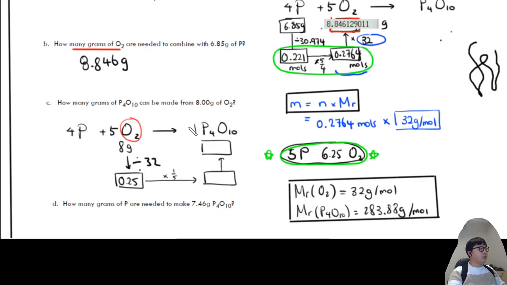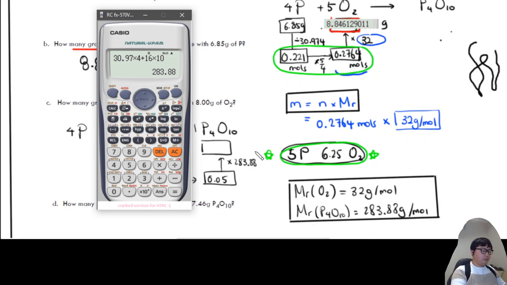So divide by 5 times by 1. So you divide by 5. Then you get 0.05, right? That's right, which is 283.88. That's the answer then. Okay.